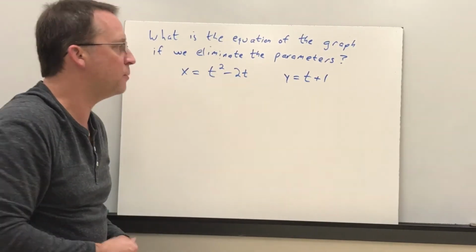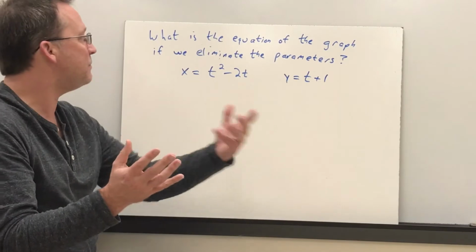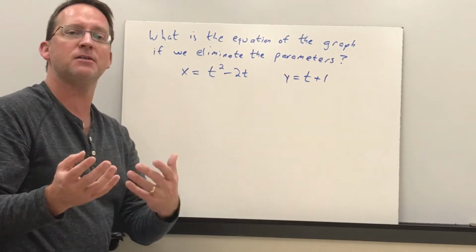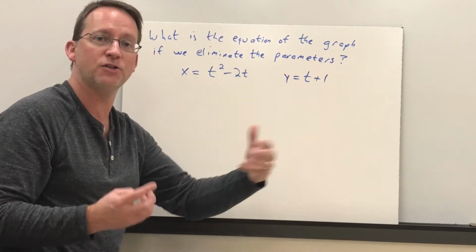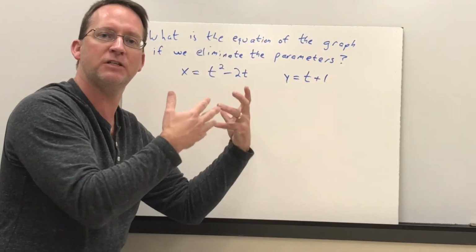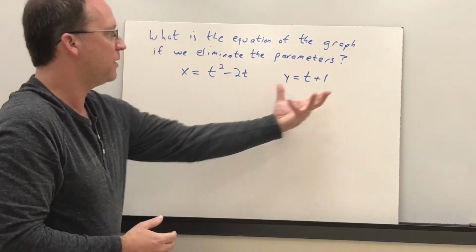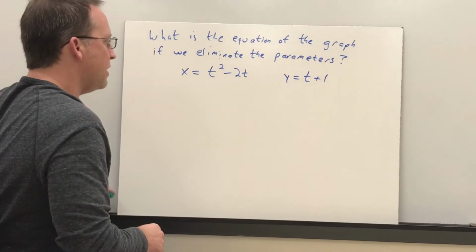So I've written the parametric equations here again. And the way to eliminate the parameter is to make a substitution for t. Take one of your parametric equations, solve it for t, and then substitute that new expression in for t into the other equation. Here, it'd be much easier to solve this one for t, so I'm going to do that first.